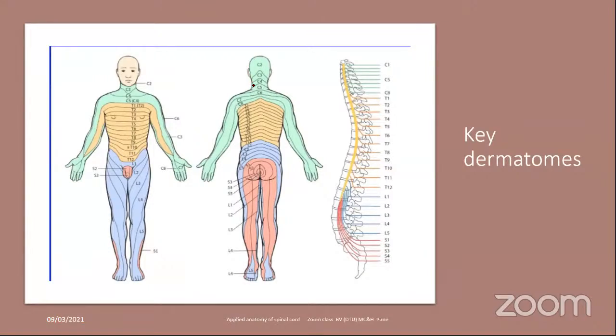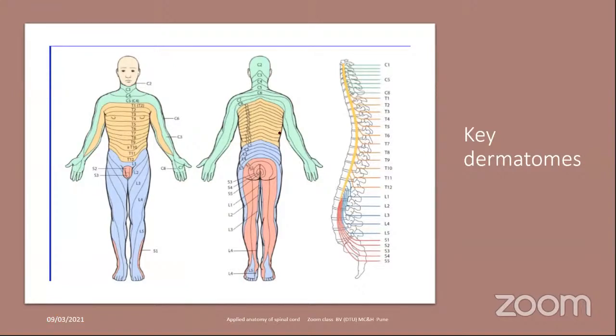On the neck, C4, C3, and on the arm, the lateral aspect is C5, and in the thumb it is C6, middle finger is C7, little finger is C8, and the medial aspect of the arm is T1, and at the nipple it is T4, at the umbilicus it is T10, at the groin is L1, over the knee it is L4, and over the dorsum of the foot is L5, and at the back of the popliteal fossa, you see that it is S2 and S1.